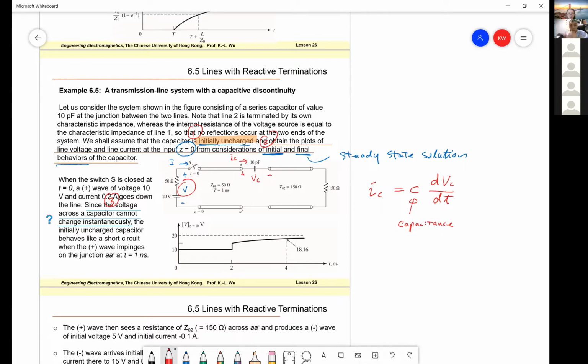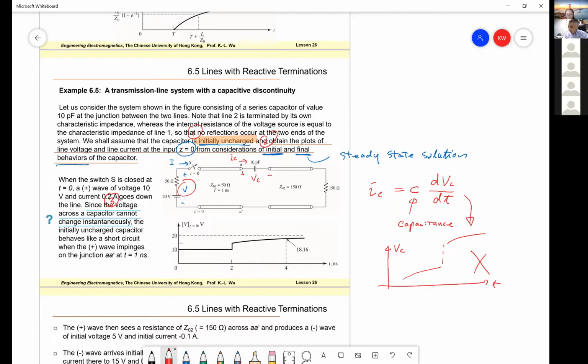So you cannot arbitrarily change it. If this is time and this is voltage, it cannot change abruptly. This is not correct. It never happens, because of this.